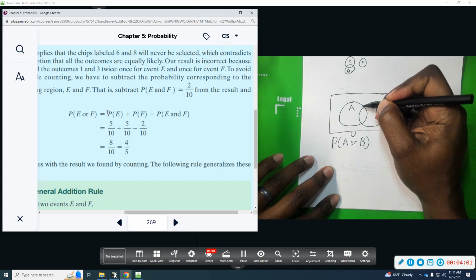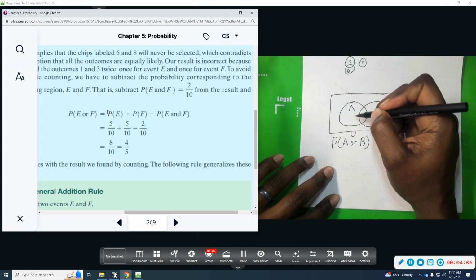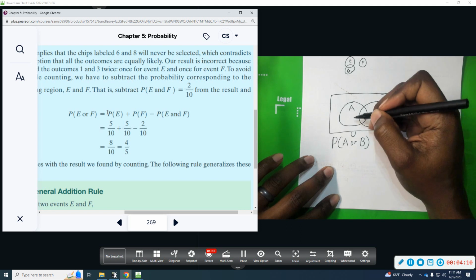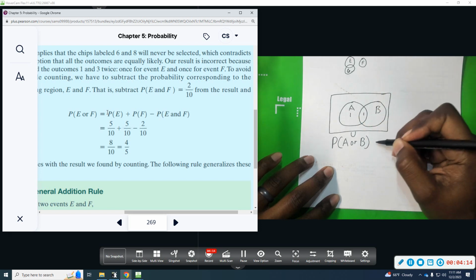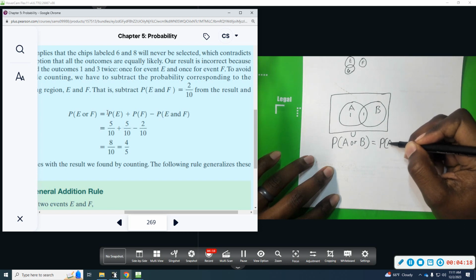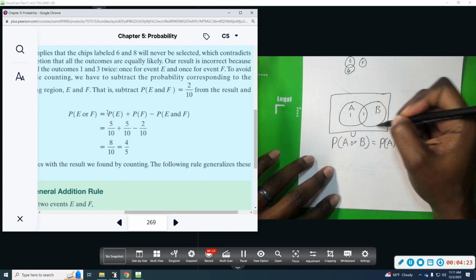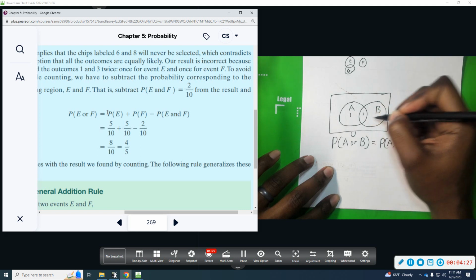So when I do circle A, if you notice, circle A has 2 parts. There's a part that doesn't overlap with B, and then there's a part that does. So when I count circle A, I'm counting this and this piece. So I get the probability of A. Plus, when I count circle B, again, there's 2 parts, a part that doesn't overlap with A, and then there's a part that does.